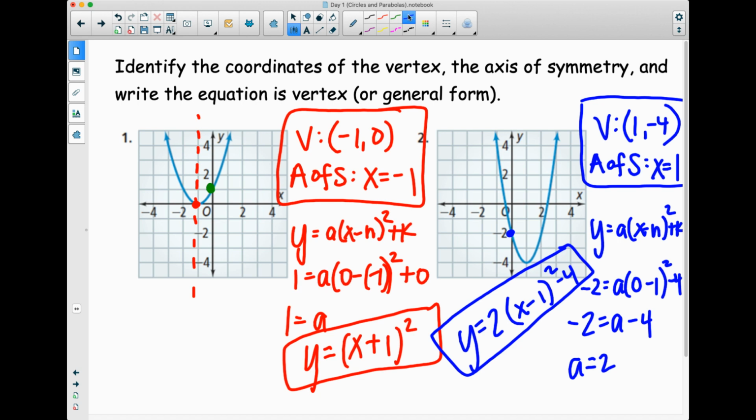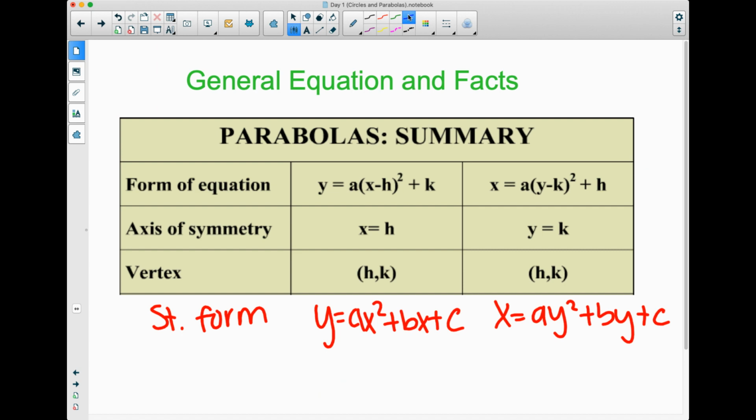All right, so back onto our chart. The first equation that you're looking at is the vertical. Vertical parabola, we have our axis of symmetry and our vertex. And then the second equation on the right is our horizontal parabola.